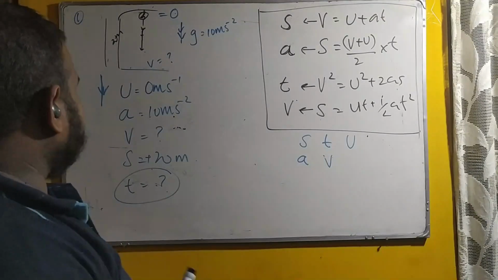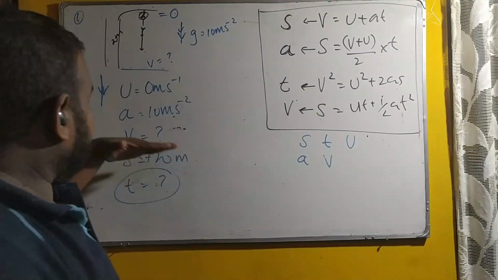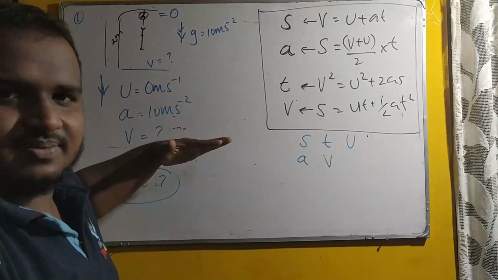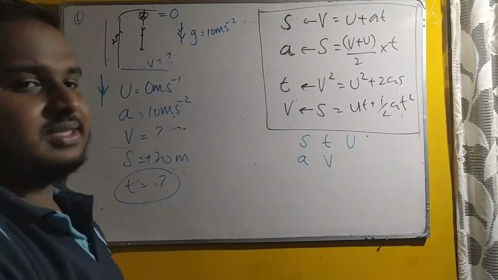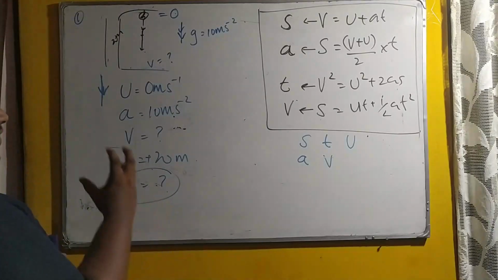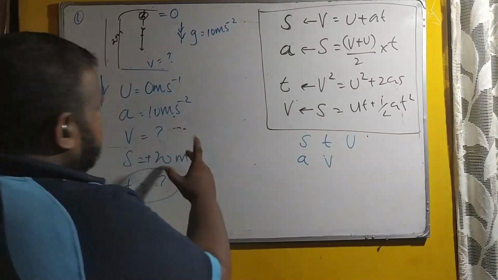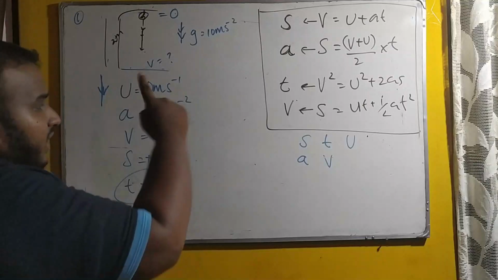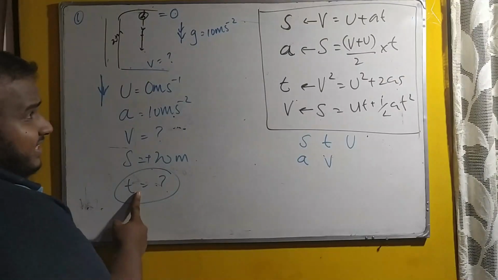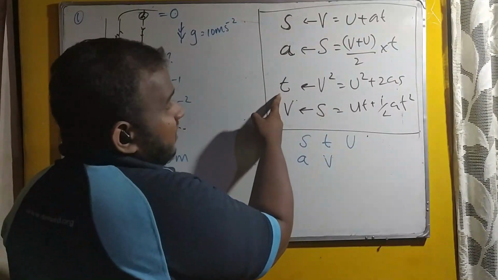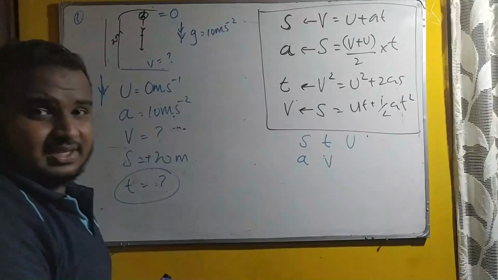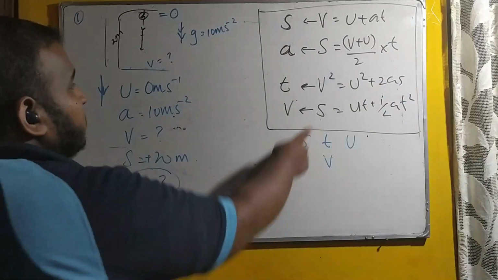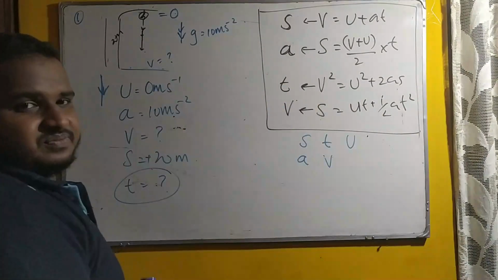The time taken is neglected, and the other four are considered, because they have asked for the final velocity. So if you want to identify which equation is suitable here, you should find the one where t is neglected. Out of these four, which equation does not have t? That is the third equation. Therefore, we have to use this equation to find the answer.